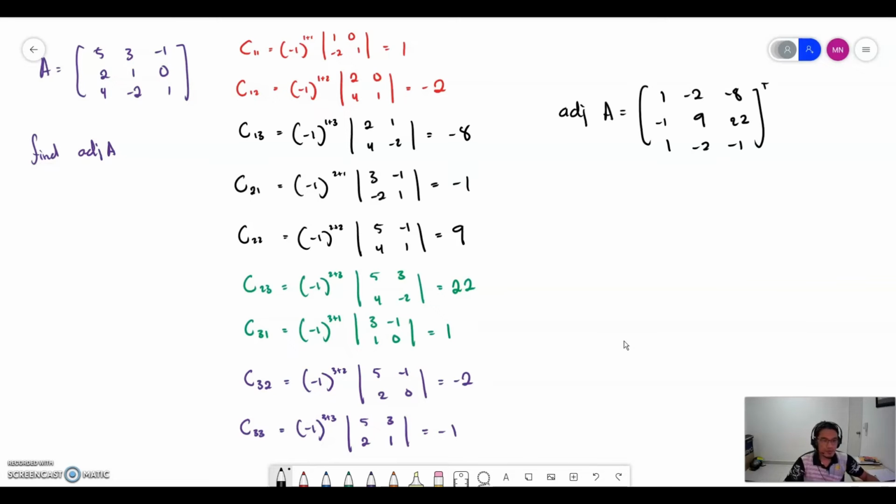And don't forget the final step is to transpose this matrix. Okay, so this is the answer for adjoint A.